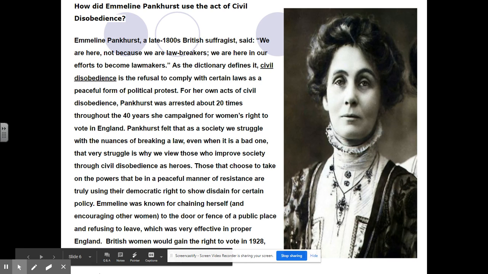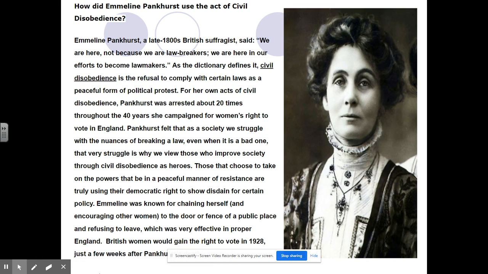How did Emmeline Pankhurst use the act of civil disobedience? Emmeline Pankhurst, a late 1800s British suffragist, that means a person who wants to vote, said, "We are here not because we are lawbreakers, we are here in our efforts to become lawmakers."